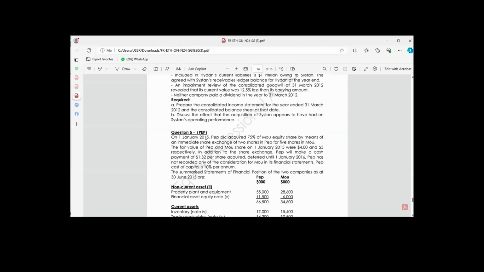Look at PEP. On 1st January 2015, PEP PLC acquired 75% of more equity shares by means of a share exchange, and so on.